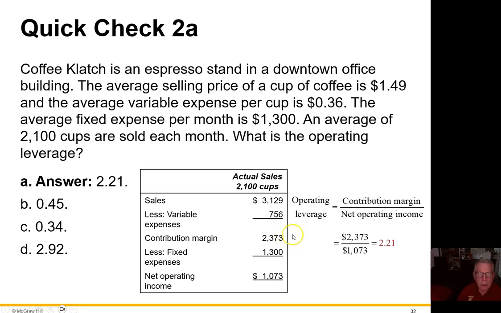So our contribution margin is $23.73. We back out our fixed expenses, and that gives us net operating income of $1,073. So again, we can take our contribution margin and divide it by our net operating income, and that gives us 2.21 operating leverage. Okay.